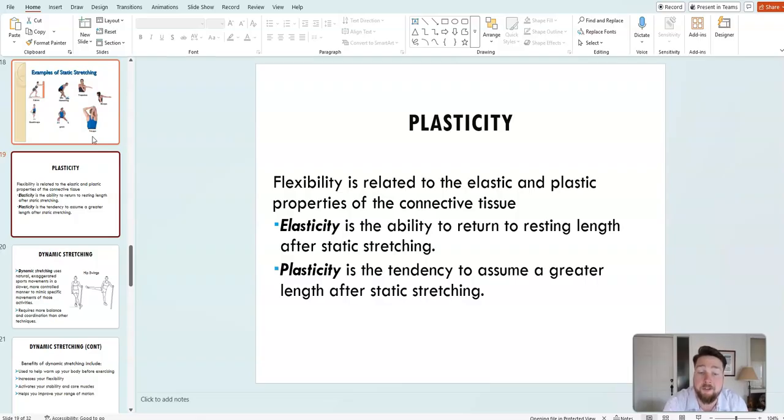You're improving the plasticity, which will certainly in time improve your static flexibility. So if I'm doing a straight leg hamstring stretch, start out day one, I can maybe just touch my shins and have my legs straight. Maybe in a month I can touch the ground. So I'm improving my plasticity.